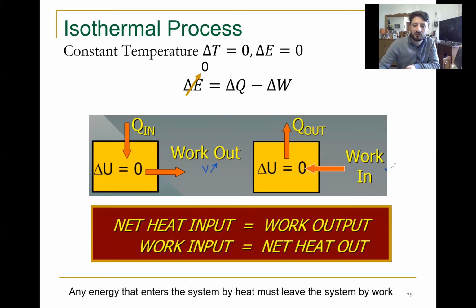Here it means volume decreases. Q in, I mean it's a positive value. Q out means we have a negative value. So any energy that enters the system by heat must leave the system by work. Okay?